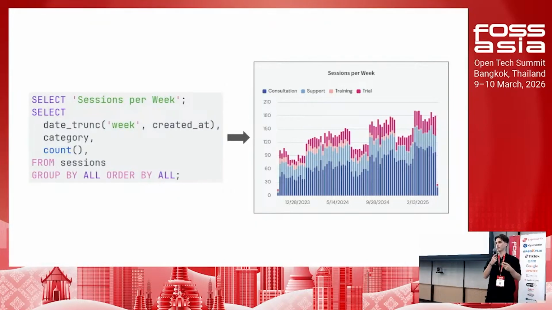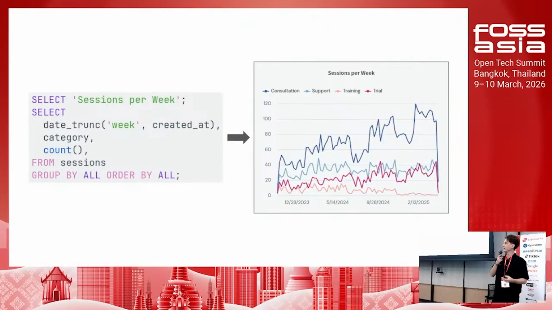But if I don't want to compare the weeks over time, but I want to compare categories with each other instead, then another chart might be better. So in that case, maybe a line chart shows me right away how the different categories compare to each other.